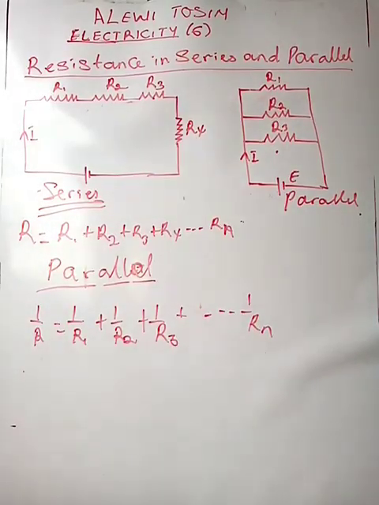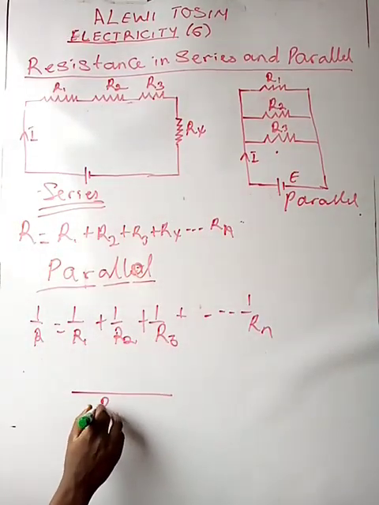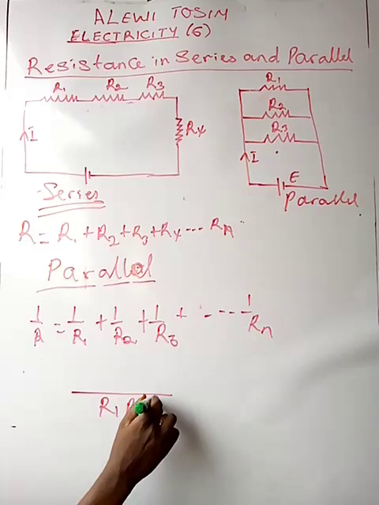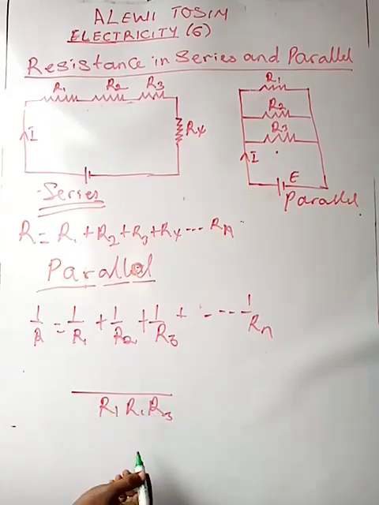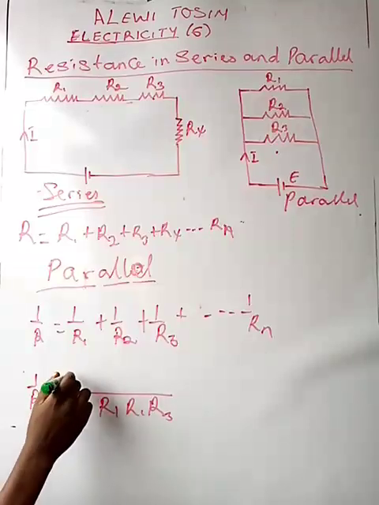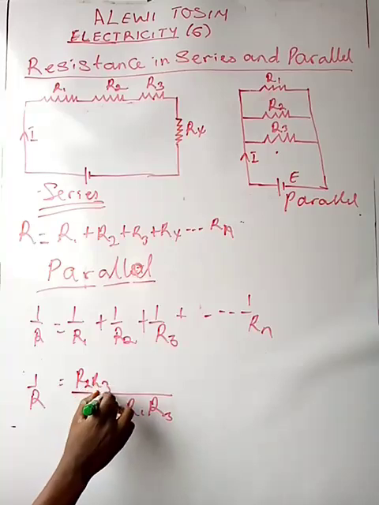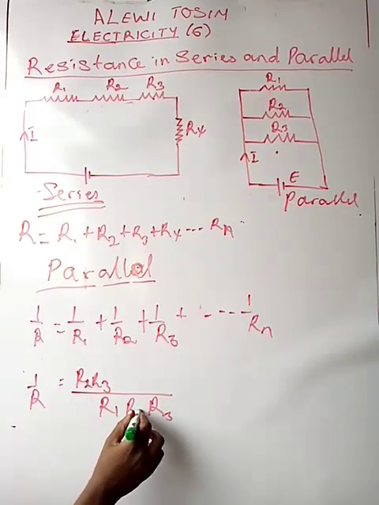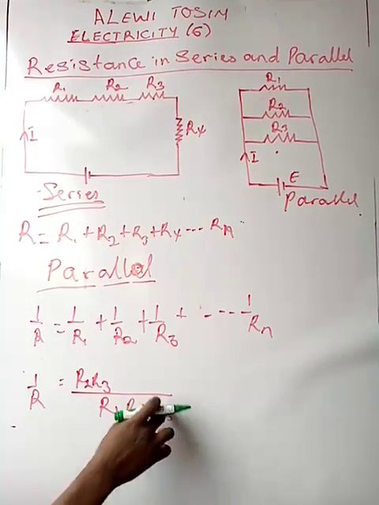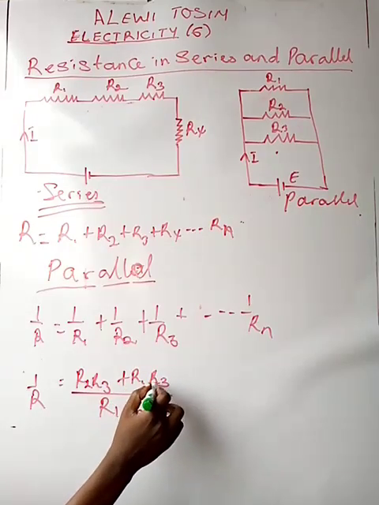Now, some textbooks move further by saying find the LCM of this, and we have 1 over R. In this, we have R1, in this we have R2, R3, R2 in this, to remain R1, R3 times 1, that's R1 R3.